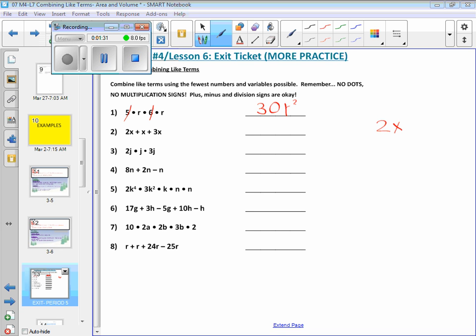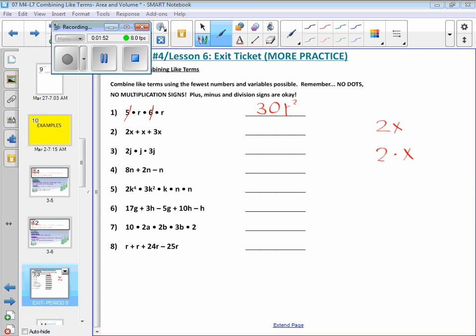This is the concept we forgot. This is really 2 times x, right? Which is really x plus x. We forgot that concept when I taught it.